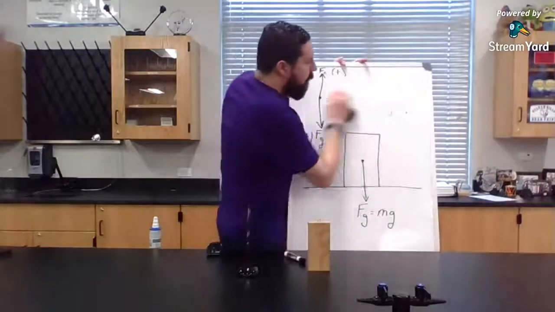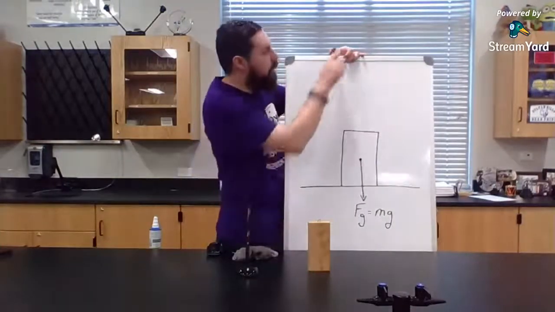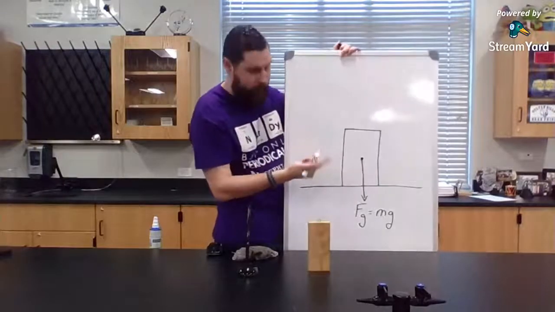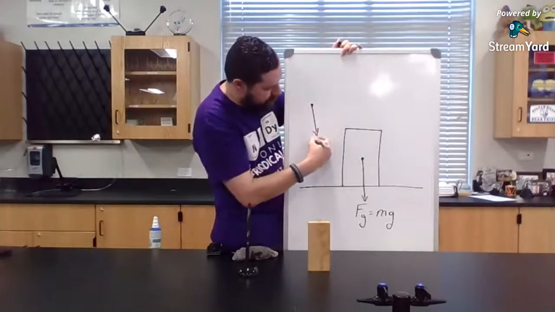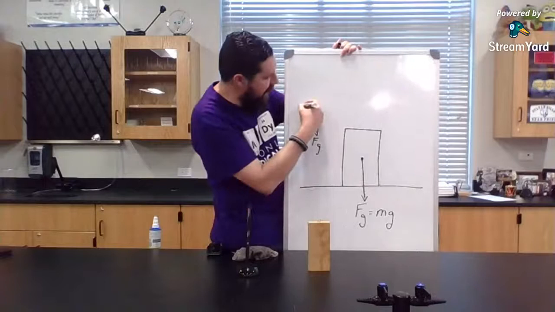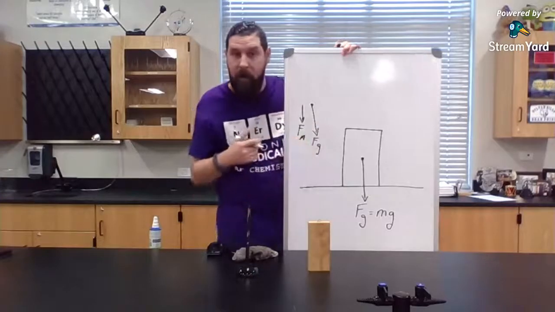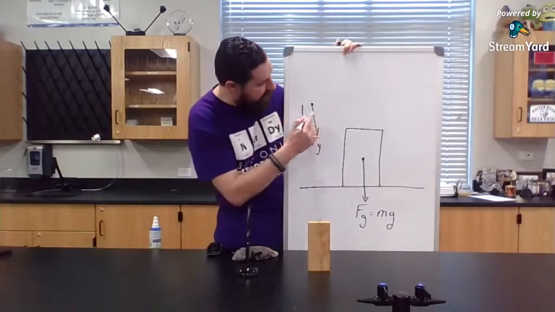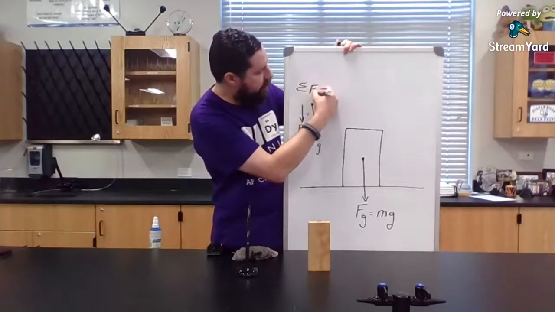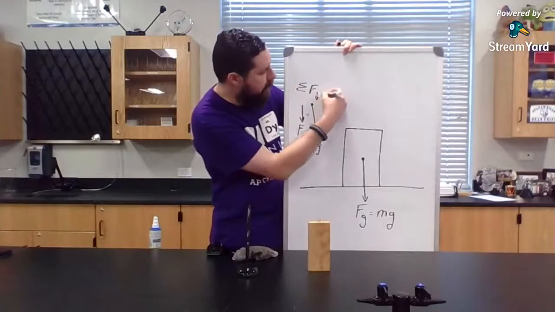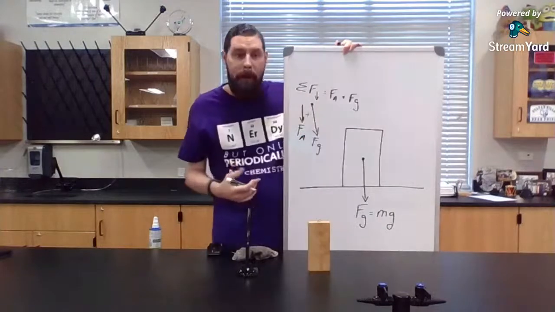Let me clear this board. Now, starting out, before I apply that extra force downwards, I have that force of gravity acting downwards, but now I'm going to add an additional downwards force. We're going to call this force applied, or F sub A. These two forces add up so that my net force downwards, or towards the negative, is going to equal that force of gravity plus the applied force.